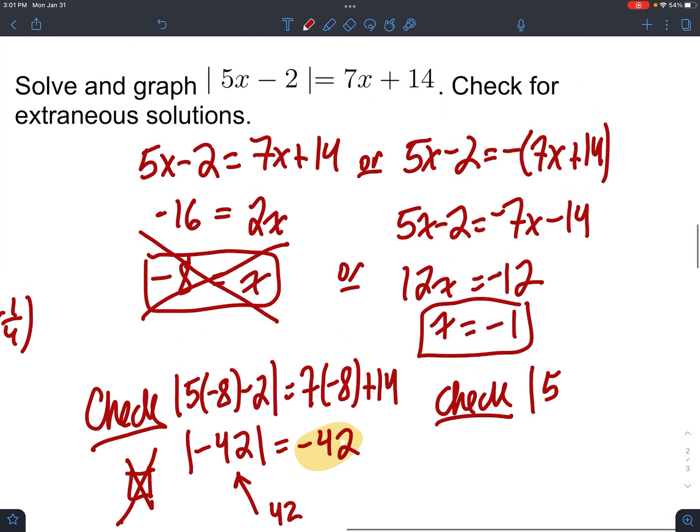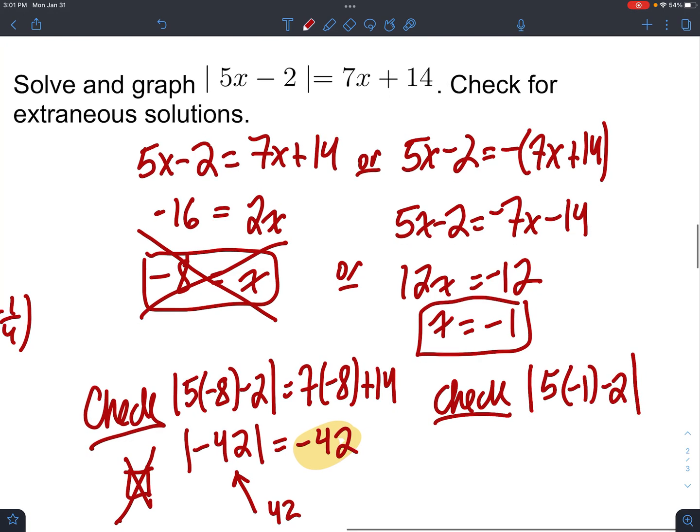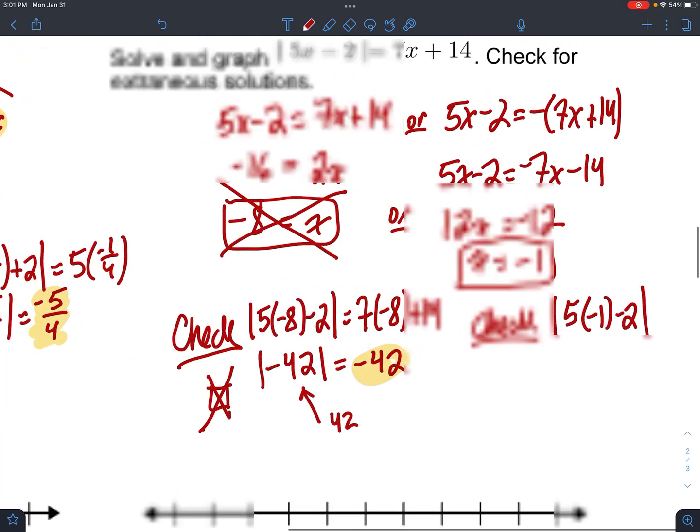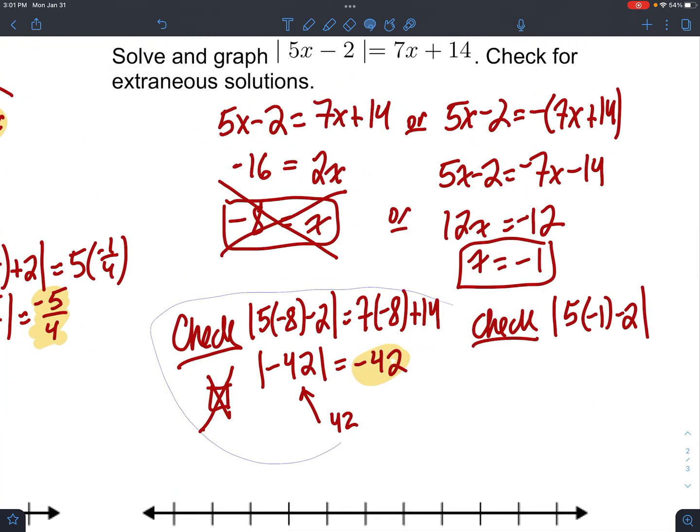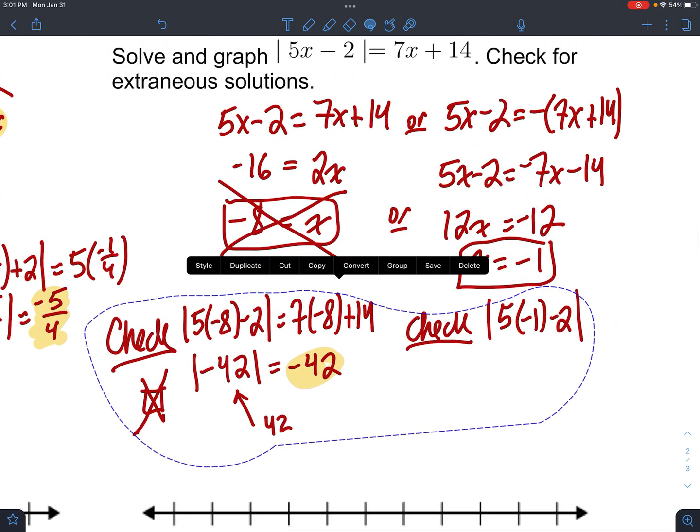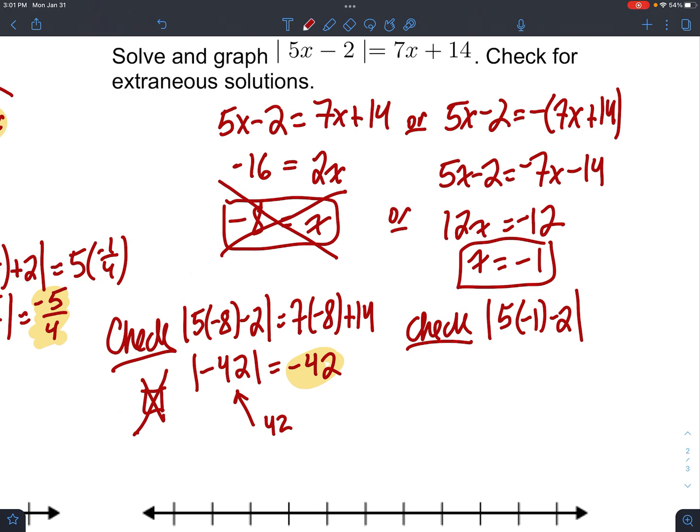Test the other one. It also is negative, so I don't have a good feeling about it, but maybe I'll be wrong. Maybe it will work. Move this over a little bit. It is a lot to check. I understand that's a lot, but it's very important, because like over half the time we get stuff that's just not part of our answer.